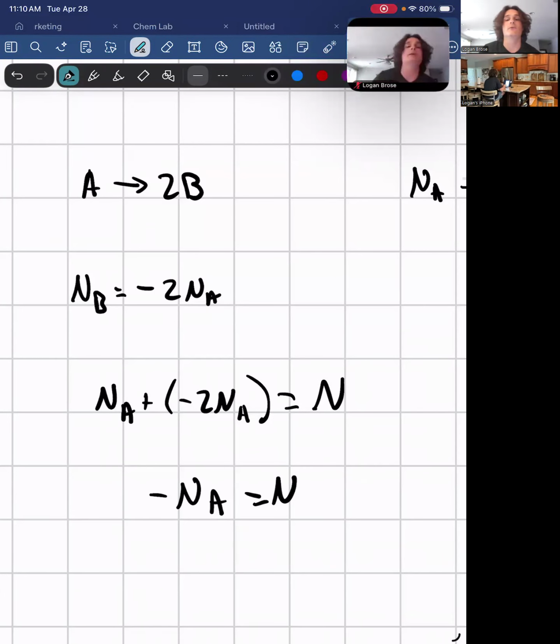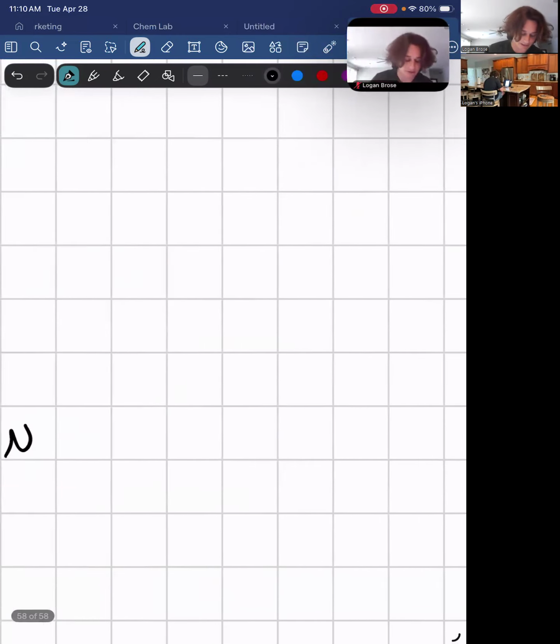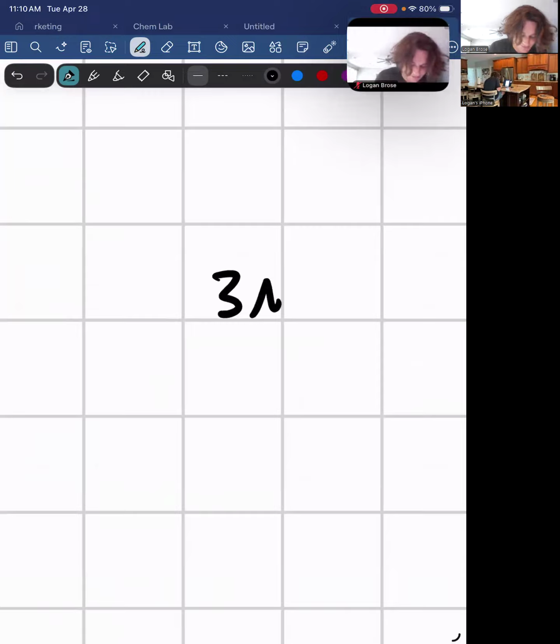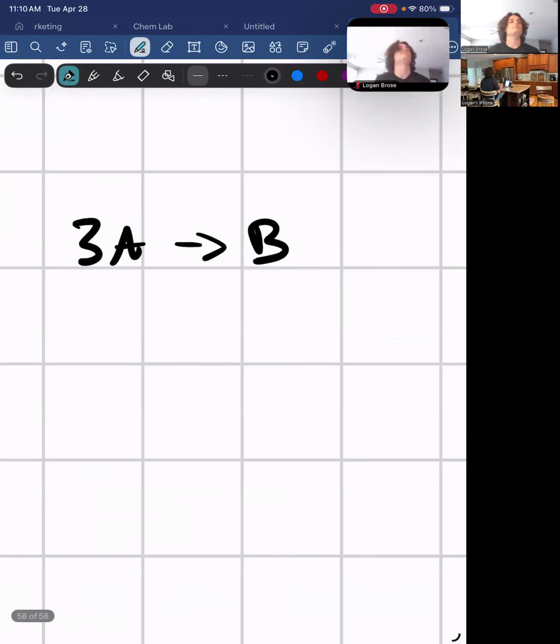And this can be done for every difference in concentration. So if we look at another scenario, we have 3A to 1B. This is a lot different here.